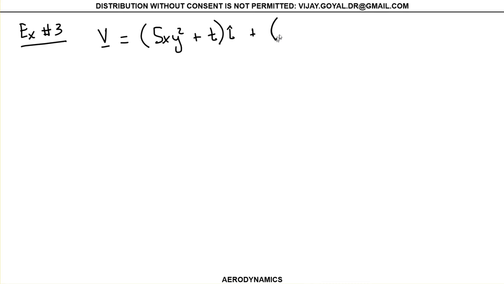In this example, example number 3, it's also given a velocity field. You may ask where the velocity field comes from. These velocity fields can come from the development of the fundamental equations, which we may learn later how to do.